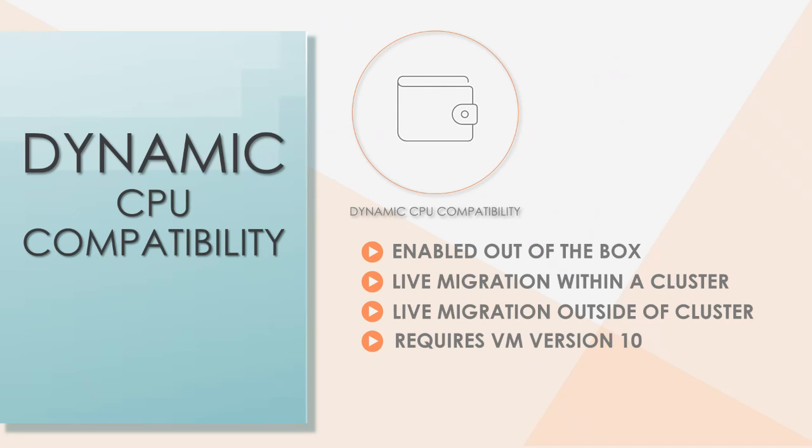Every 12, 18 months, there are new processor versions coming out, and older processors go end of life quicker. And so, as you want to expand cluster nodes, it's likely that you're not going to get the exact processor available. So this allows you to mix and match Intel processors and still support live migration.